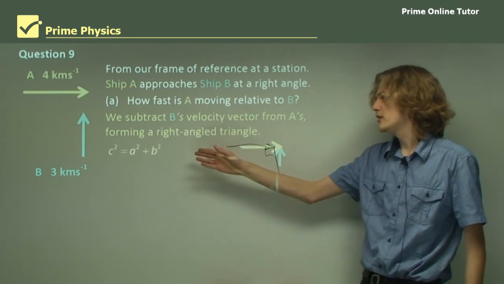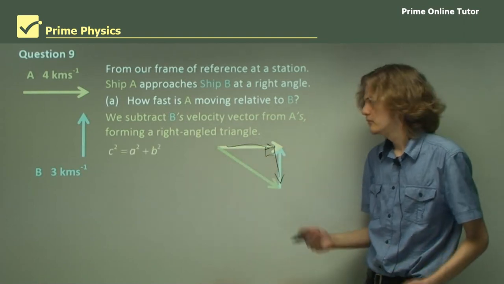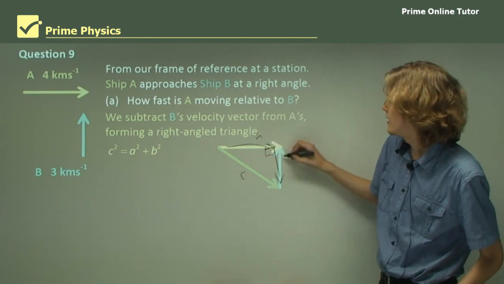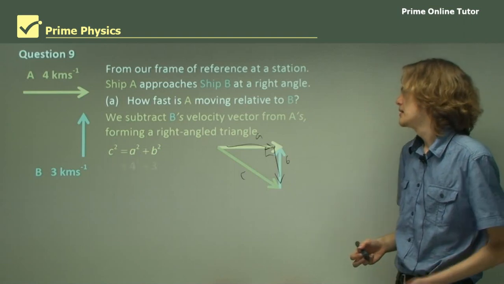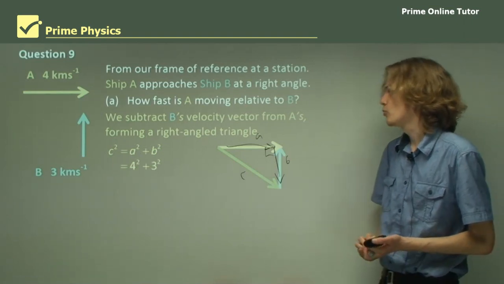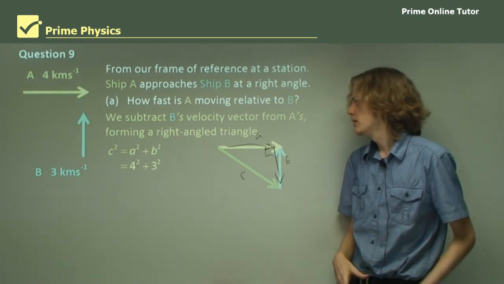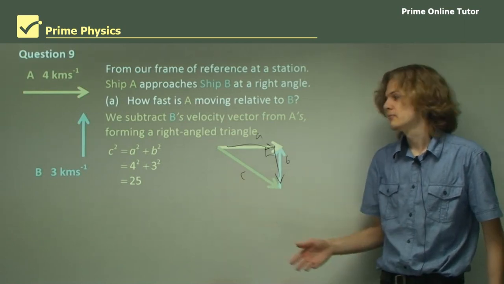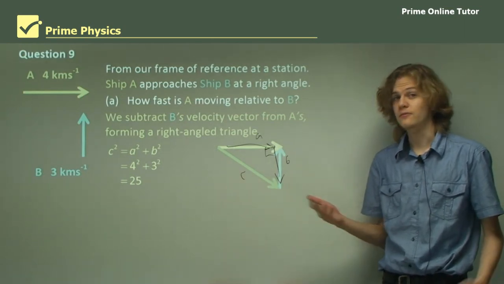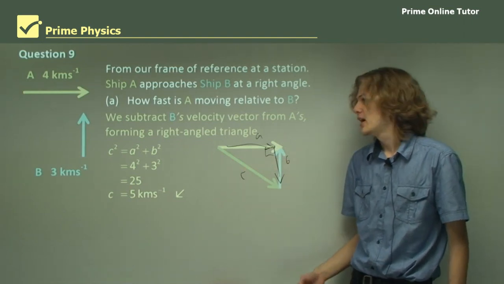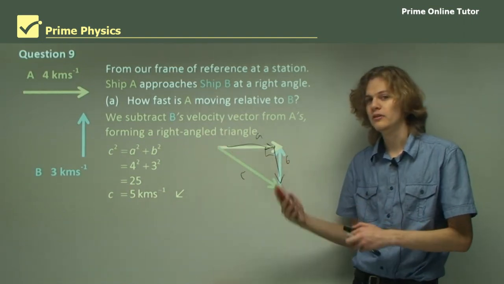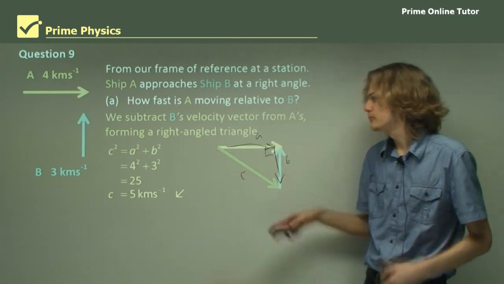So we can use C squared equals A squared plus B squared, where we have C, A, and B. Maybe A and B are the other way around. Doesn't matter. Which of course is 4 squared plus 3 squared. And so that equals 25. We know that the square root of 25 is 5. So the hypotenuse here is simply 5 kilometers per second. And that's how fast A appears to be moving from B's frame of reference.